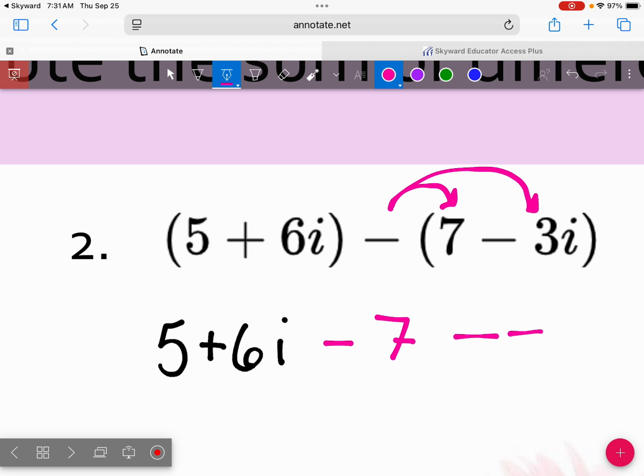If we have a double negative like this, subtract negative 3i, what happens? It becomes a plus. So if I have two negative signs, that turns into a plus. So it's really, really important that we distribute that minus sign through, but after that it is 100% the same thing, combining like terms.